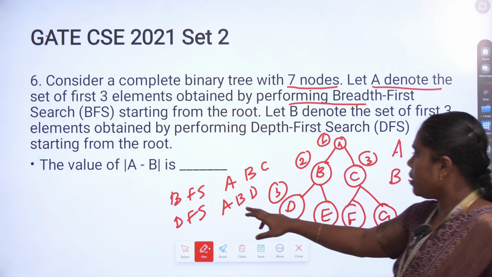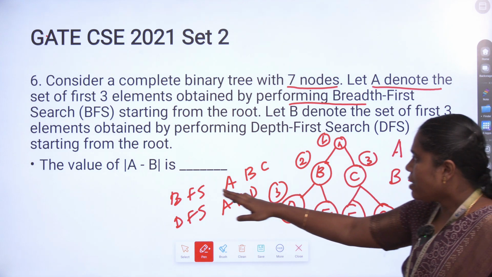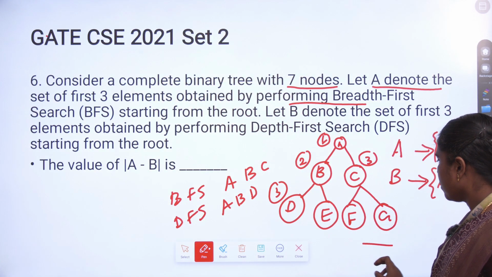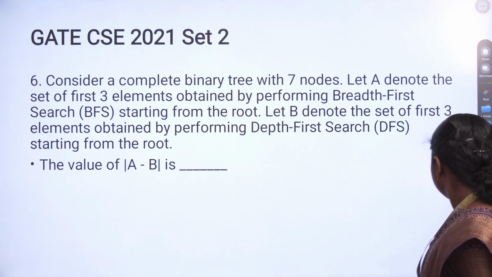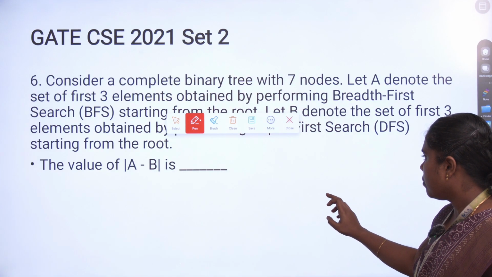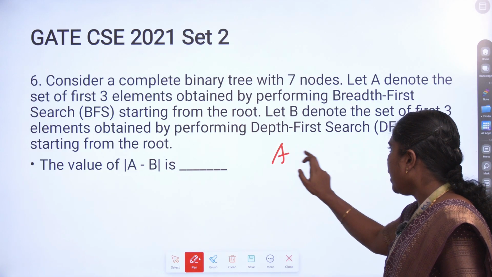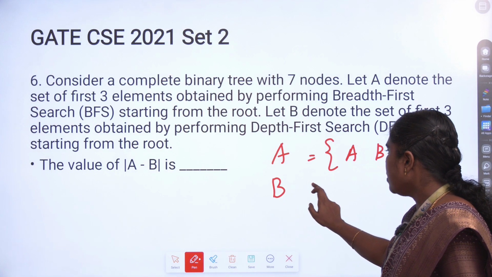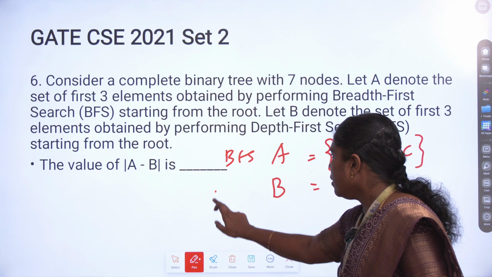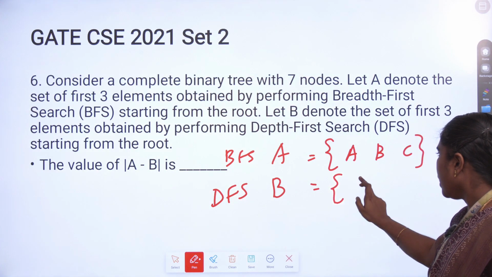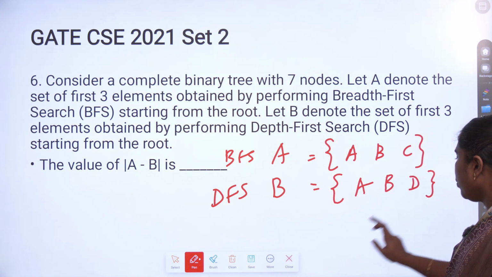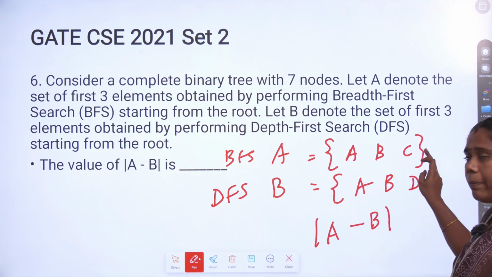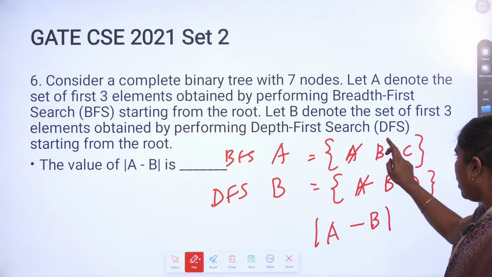Now we have found out what is A and what is B, right? Now we are asked what is the value of modulo A minus B. That is, the difference between the values of A and B. We have found A as the set of values A, B and C, from BFS, and B performing DFS, the values are A, B and D. Now you need to find A minus B, that is, the values that are present in A but not in B. A and B are common in both.